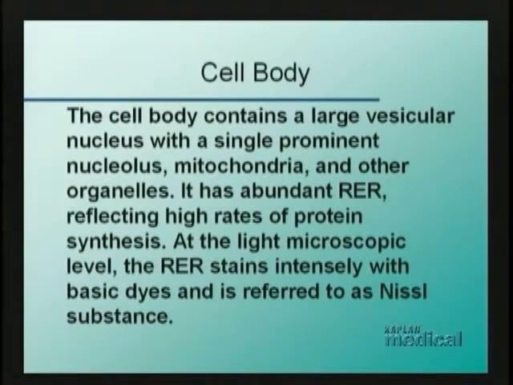Note that in a typical protein-producing neuron, the amounts of rough endoplasmic reticulum are going to be particularly abundant, and when present, this rough endoplasmic reticulum is known as Nissl substance. So recognize that as being a distinct feature of the cytoplasm of a neuron cell body, as well as the proximal parts of the dendrites of a neuron cell body.